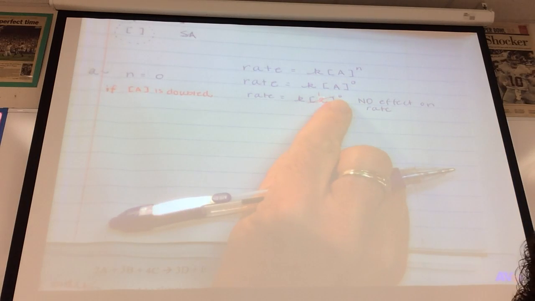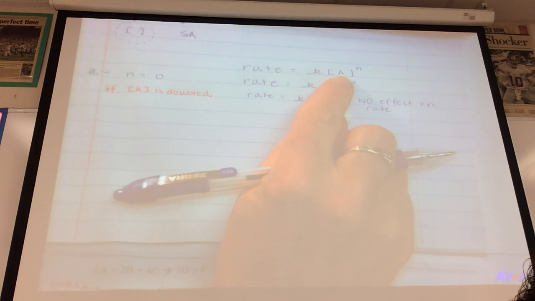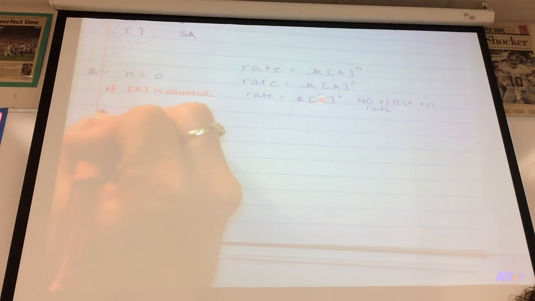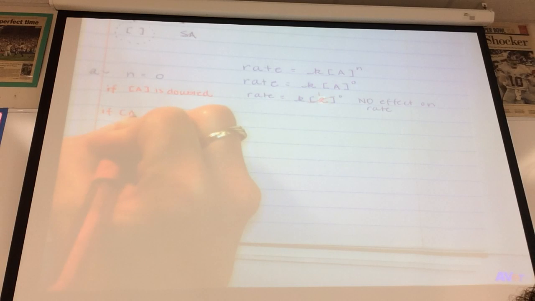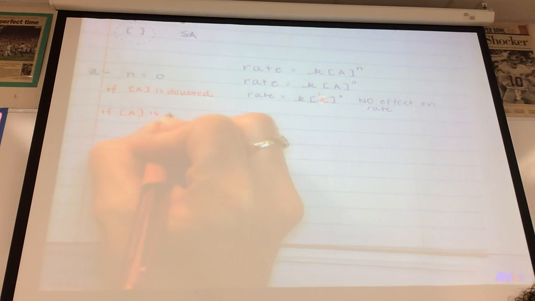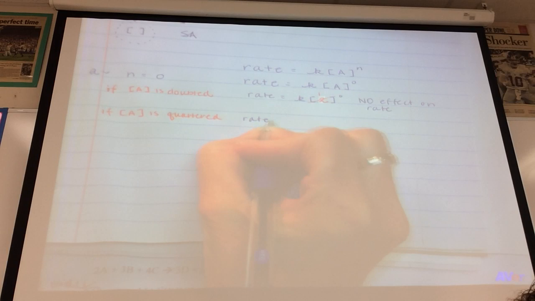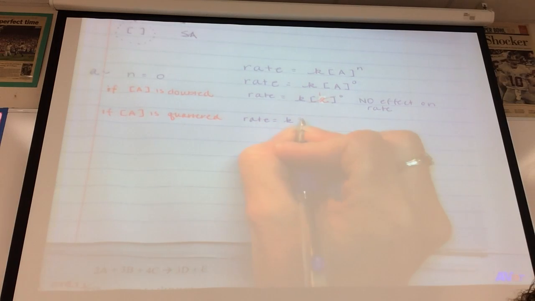When it's 0 order, n is the order with respect to A. N here is 0, that's 0 order. What if A is quartered? For a 0 order reaction here, I'll put in 1/4.